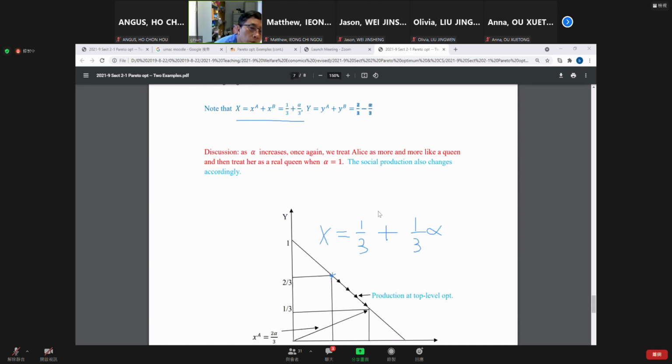So when we care more and more about Alice, we should organize our social production toward X and a little bit further away from Y, because our queen, Alice, cares about X. Alice loves X and Bob loves Y. But now Alice is more and more important, so X is more and more important.